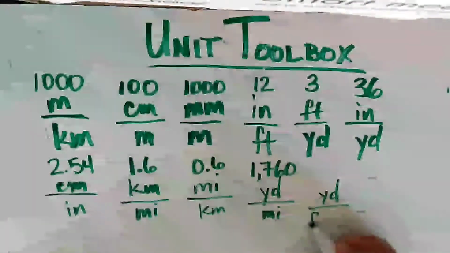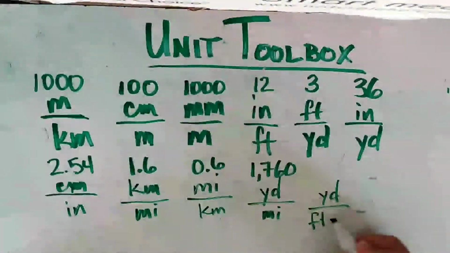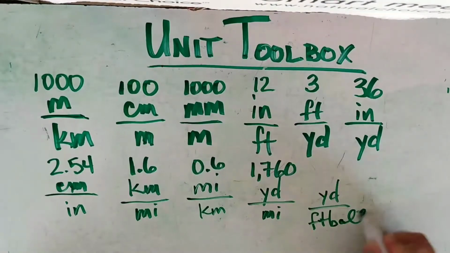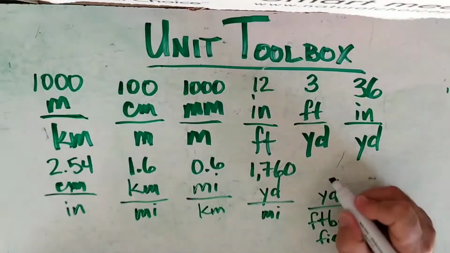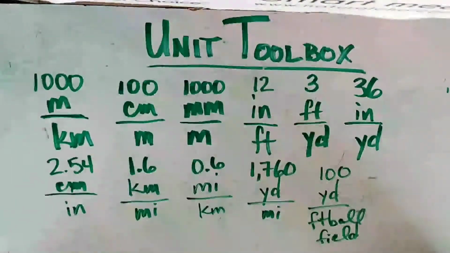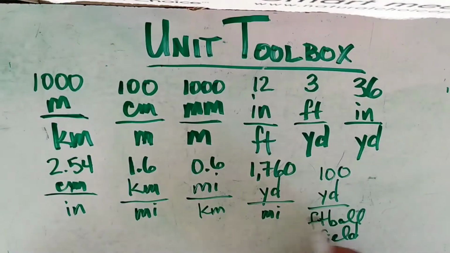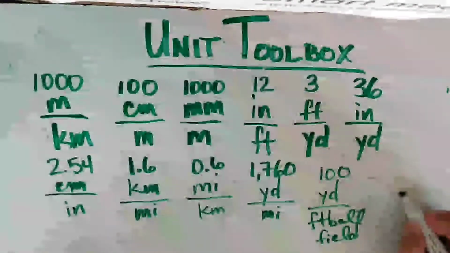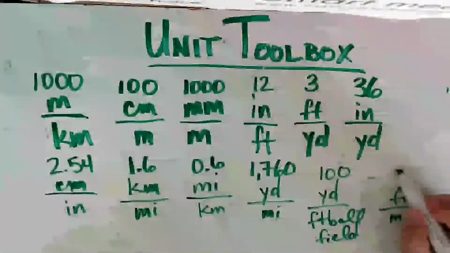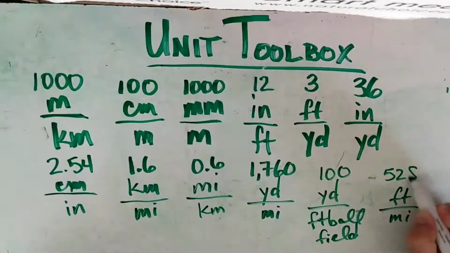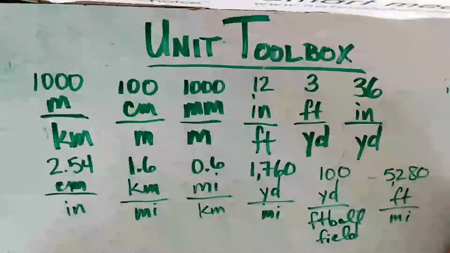How many yards are there in a football field? Well, we know from end zone to end zone, there's 100 yards, okay? And so how many feet are there now in a mile? There are 5,280 feet in a mile.